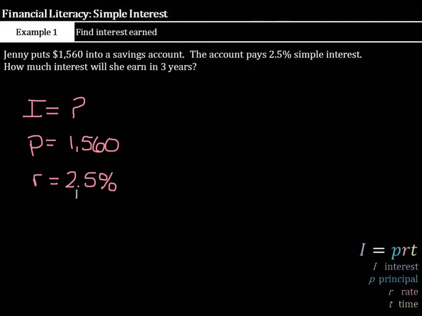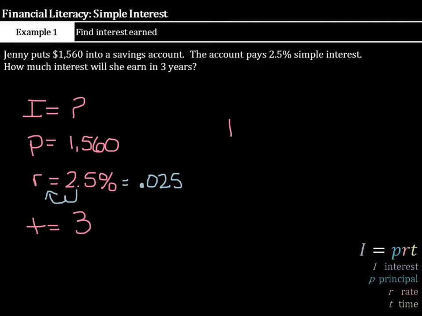So you're going to move your decimal place 2 points to the left, and this rate then becomes 0.025 to be written as the decimal. Your T is time in years, and it's given to you in years, so that's going to be 3.